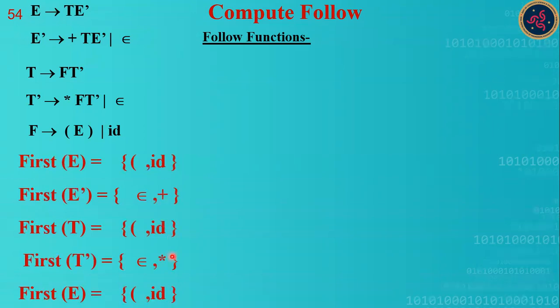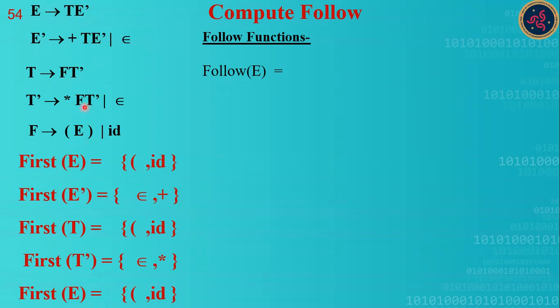Now I have to find the value of follow of the first non-terminal, E. Whichever is the start symbol should have a dollar symbol in its follow. So follow of E will have a dollar symbol. Again, what will be follow of E after E? We have to look at the right hand side of the productions. Where is E present on the right hand side?